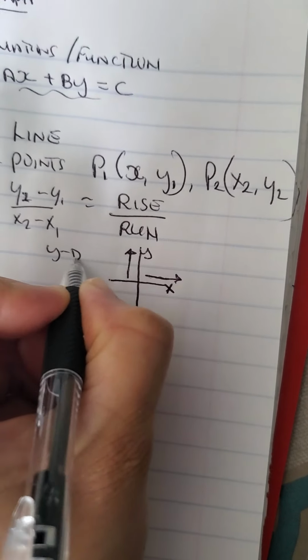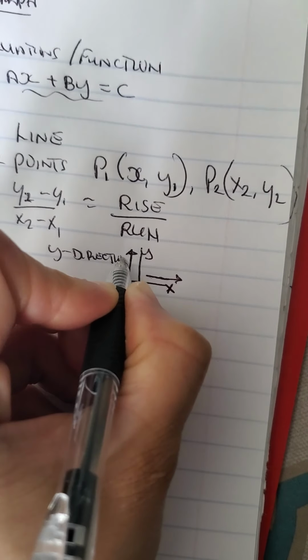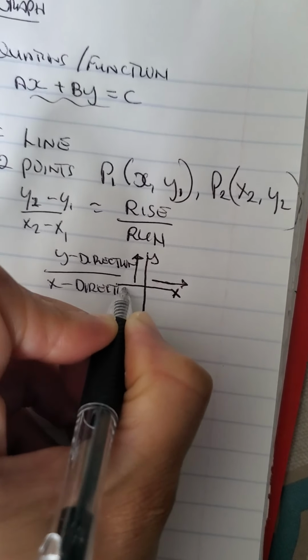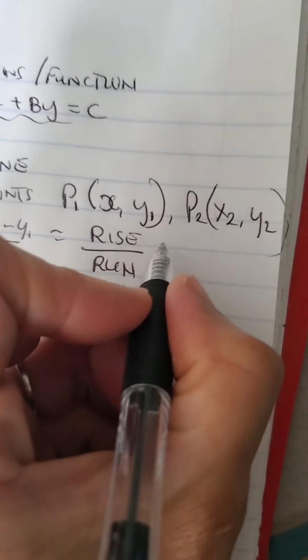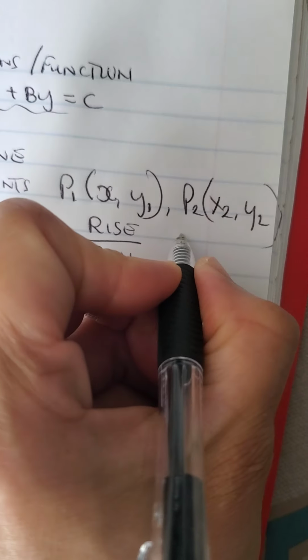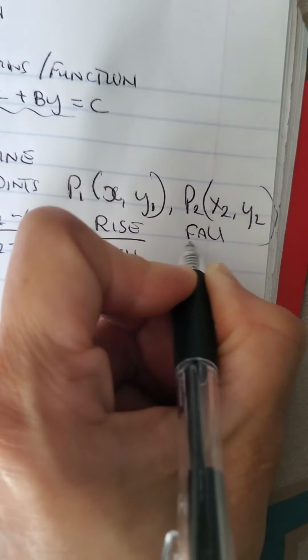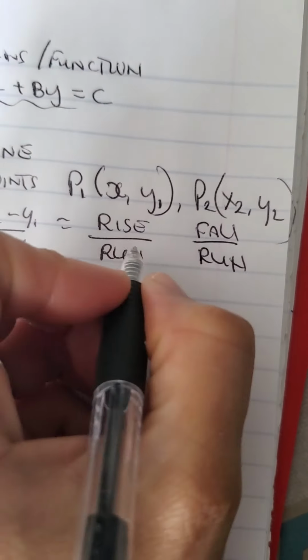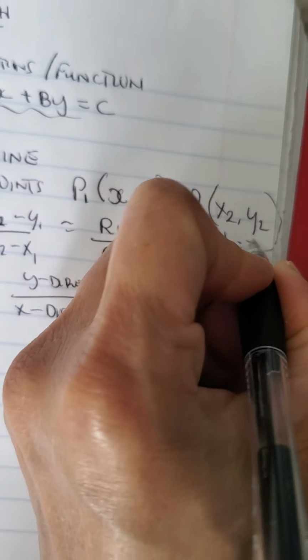Y direction over x direction, right? And of course, instead of saying rise over run, if it's negative, then we could call it fall over run. I've never seen them use that in a math text, but fall over run if you have a negative y.